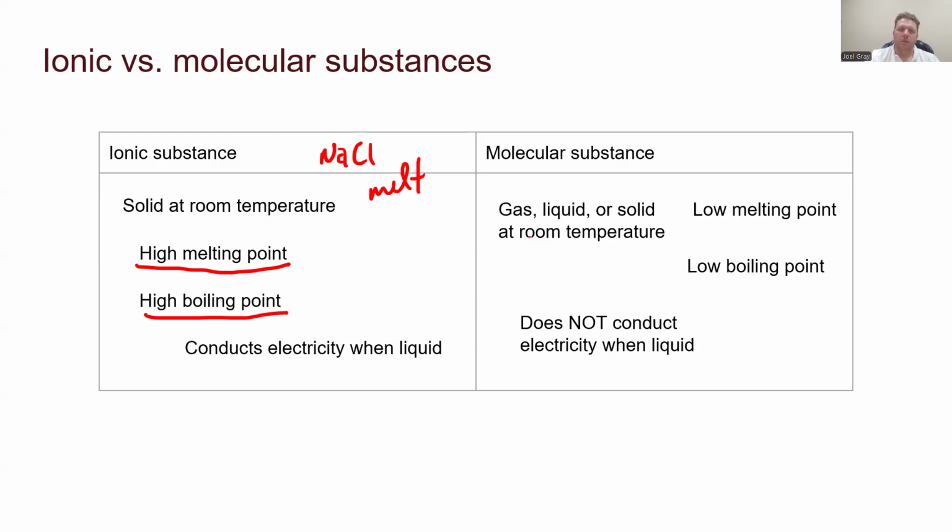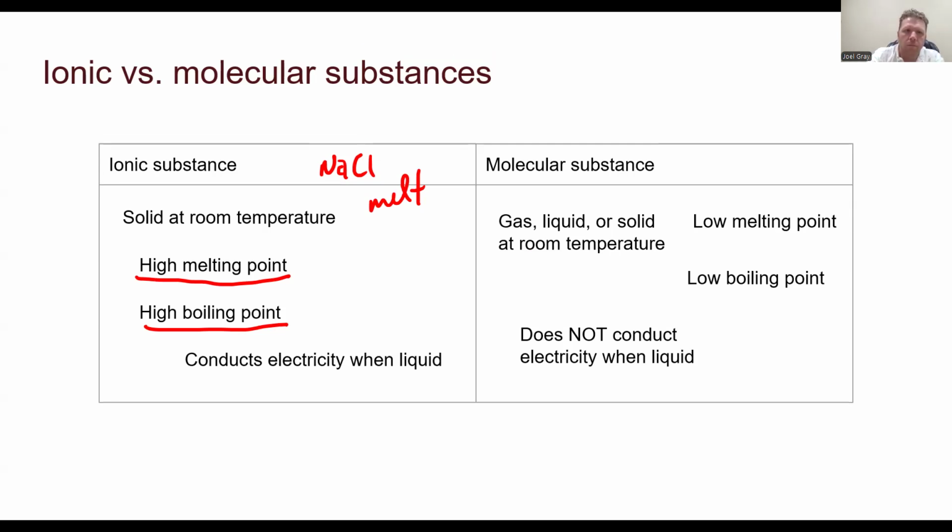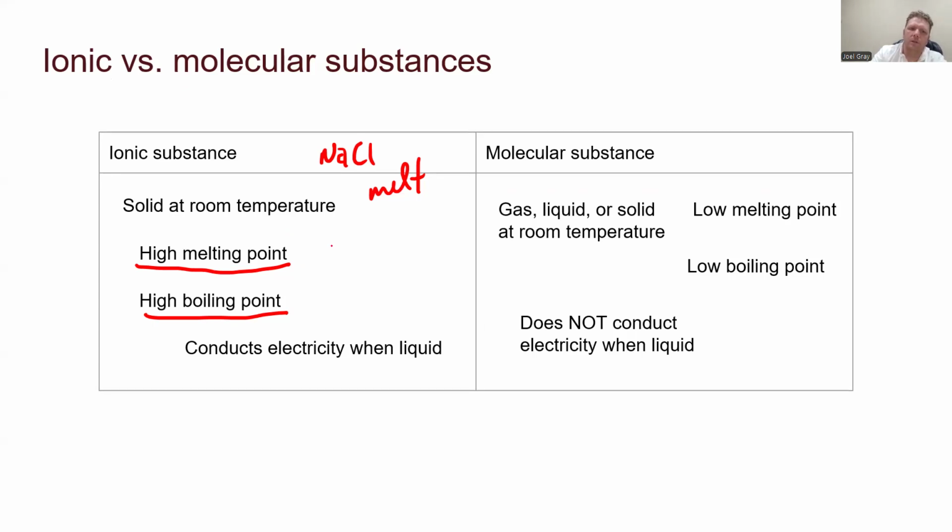However, is it possible to get NaCl to melt? Yes, it is. If you had an industrial strength oven or something like that, you could get NaCl to melt. Could you get it to make a gas? Yeah, you could. The NaCl melting point is 1,474 degrees Celsius.